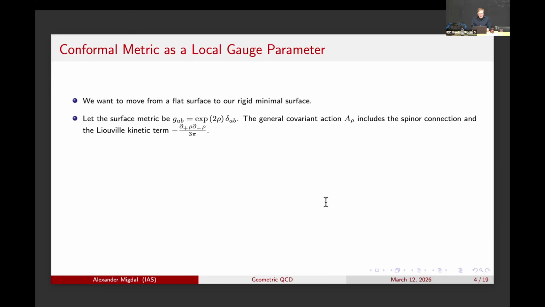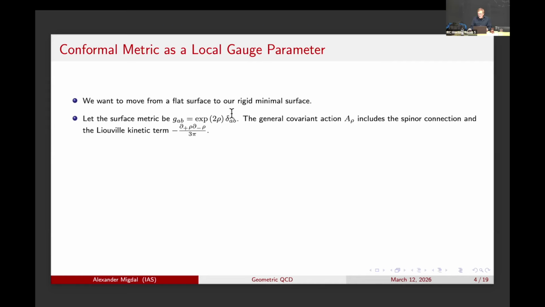Now, we want to move from flat surface to rigid minimal surface, because that's what we eventually want to do. But that's not so trivial. If there is a metric on the surface which is diagonal, this exponential of 2 rho, where exponential of 2 rho is this conformal metric.